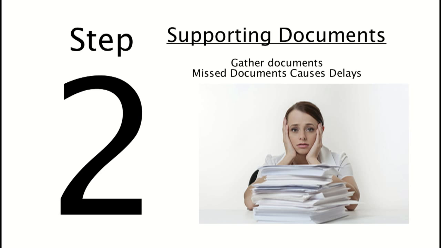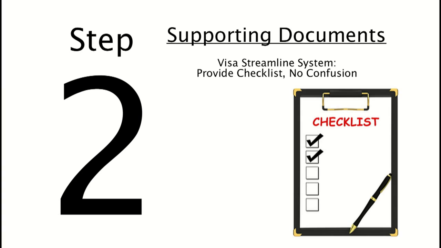This isn't the end of the world, but you've just delayed your application by 2 to 4 weeks. Again, with the Visa Streamline system, you're given a checklist that tells you exactly what documents you're going to require. So you simply gather those documents and they're included in your application.